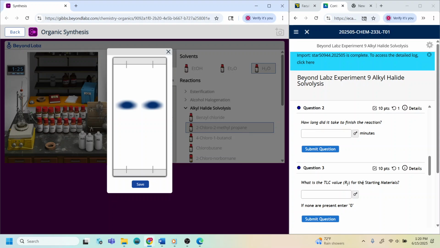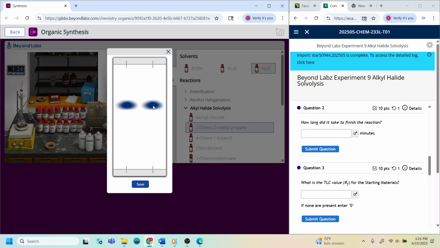So you are asked to calculate the RF of the starting material. There is no scale on this TLC plate, so you would need to bring your ruler and put it on the screen in order to measure the distance. And by now you should know how to measure the RF of the spot.